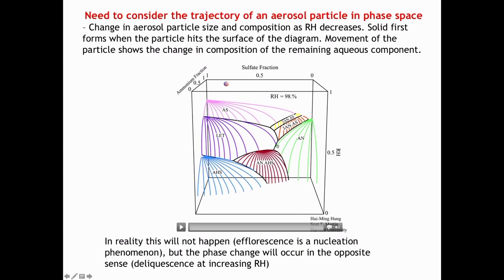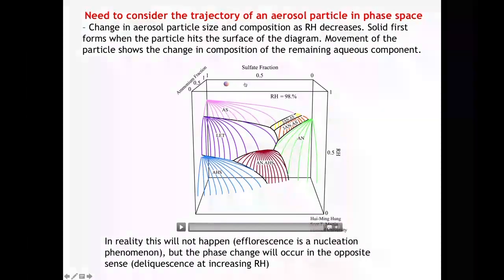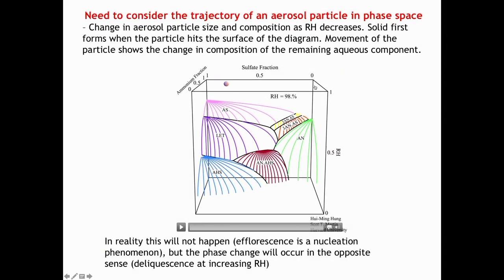But here we're talking about an ammonium sulfate, ammonium nitrate mixed particle. The ammonia fraction is shown on this axis, the sulfate fraction on this axis, and this is a particle at relative humidity of 98%. If you see this particle just here, when you decrease the relative humidity, it shrinks and loses water.